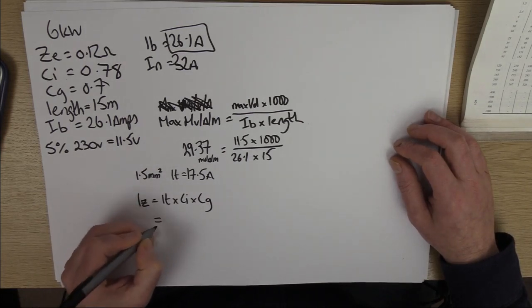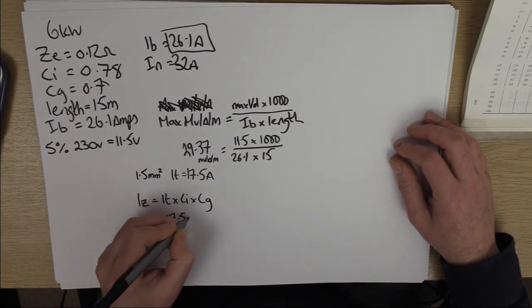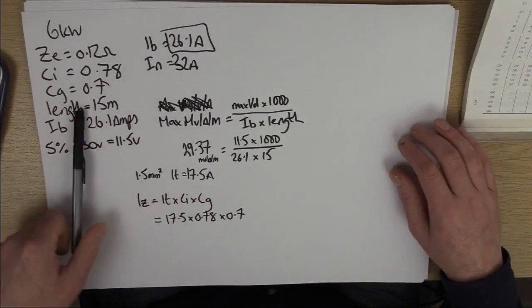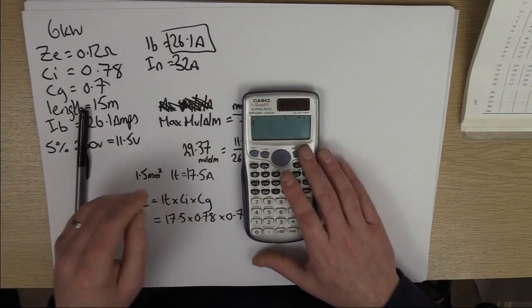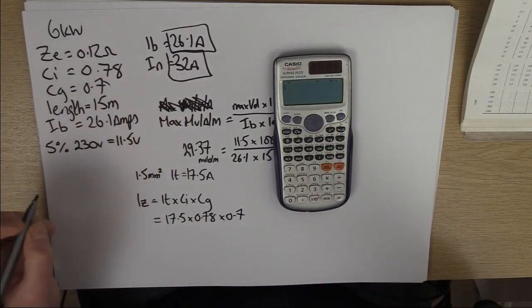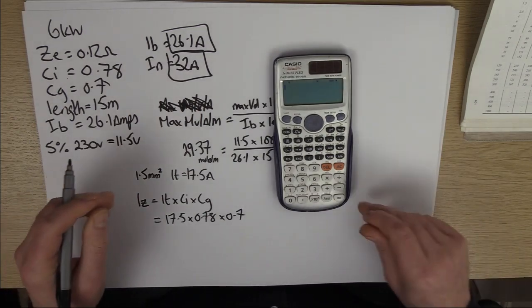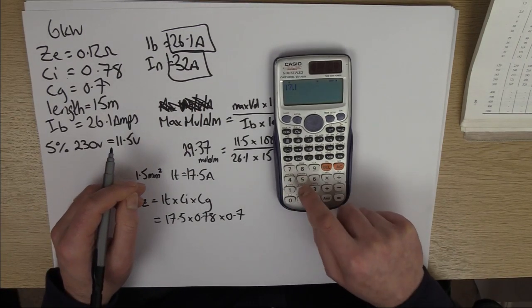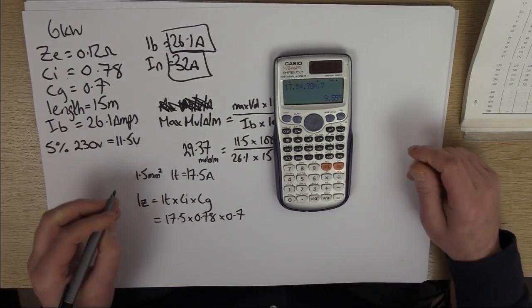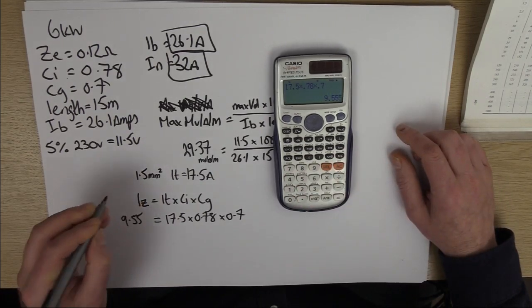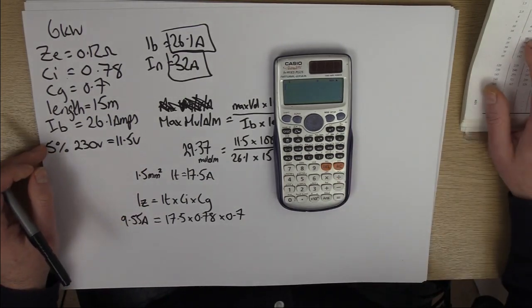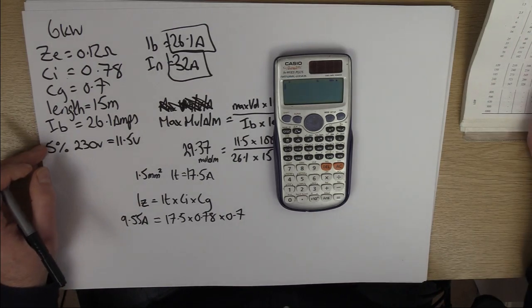So in our case, 17.5 times 0.78 times 0.7. It's not going to work, is it? Now this has to obviously equal 32 amps in our case. And predictably, it doesn't. No good.